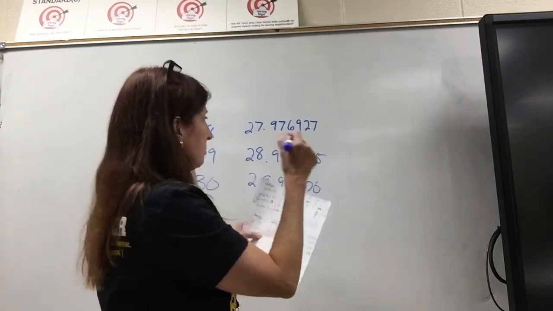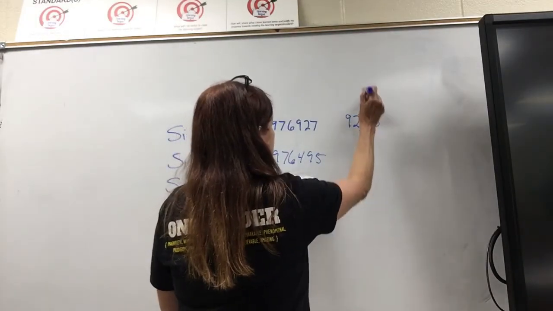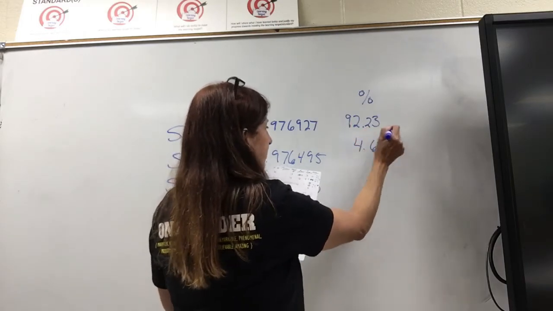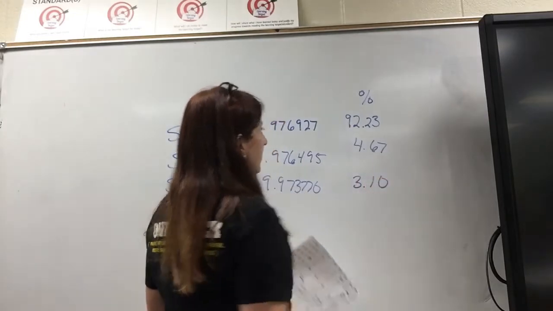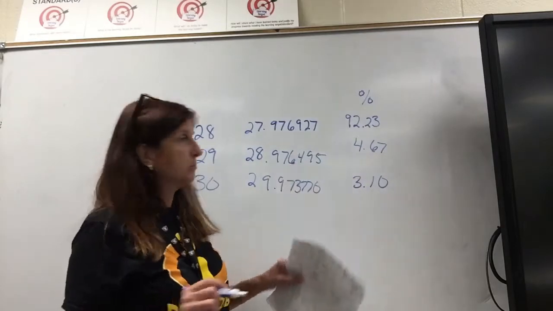Okay, and then we have the percent abundance. This one is 92.23%. This one is 4.67, and this one is 3.10. So how you do these problems is just like all those other problems we did.